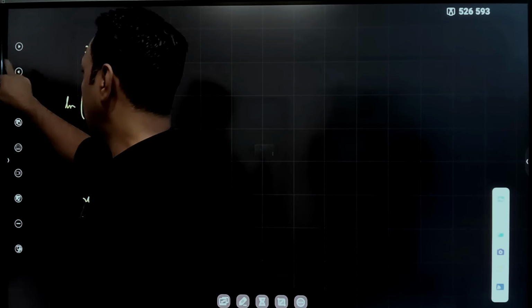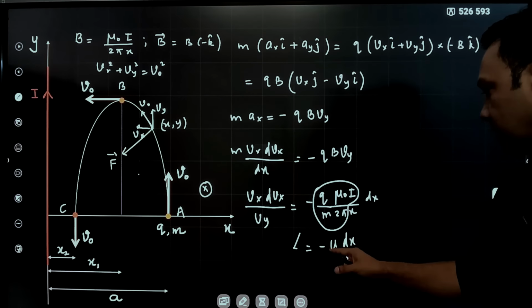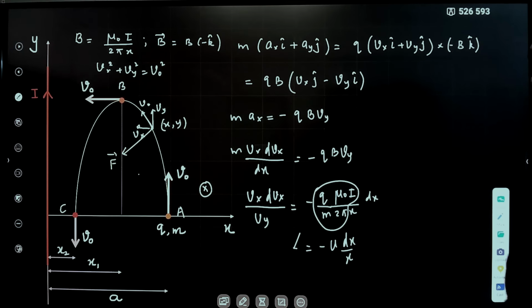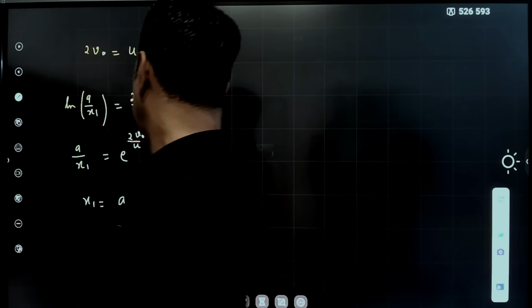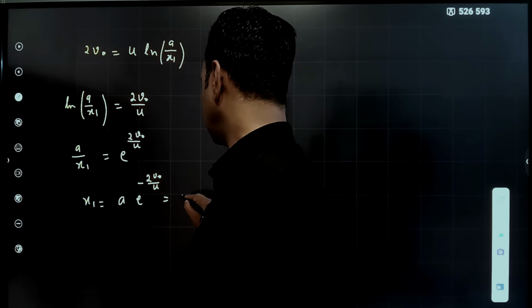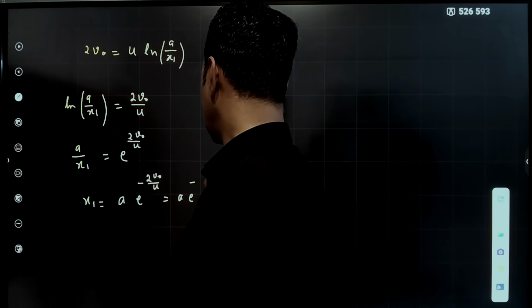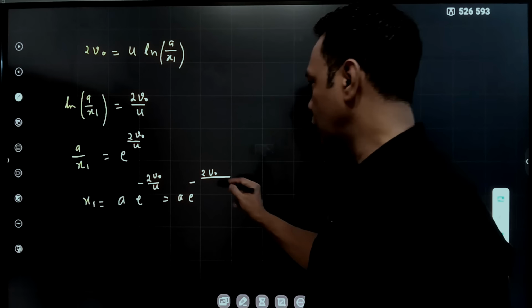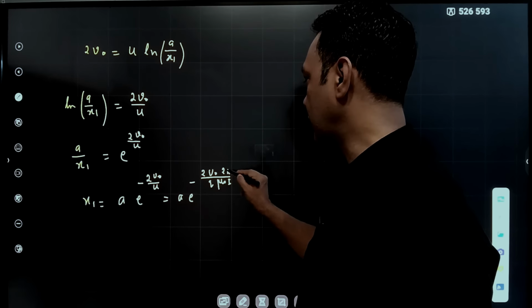And now remember what we had replaced U for. For this whole thing I had put U. So in place of U I will put q mu naught I divided by 2 pi m. So here let's put the value of U. So A into e power minus 2V0, and U was q mu naught I divided by 2 pi m.